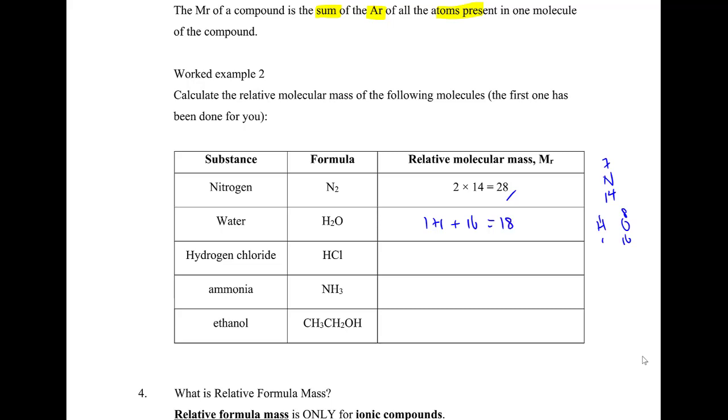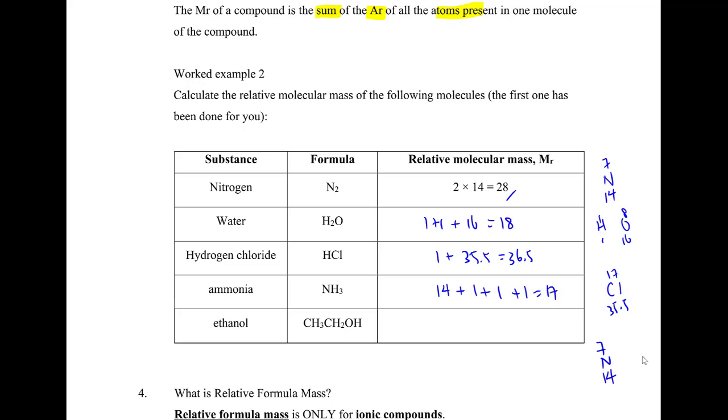And then for hydrogen chloride, chlorine is 17 and 35.5. So we take 1, which is hydrogen, plus chlorine 35.5, you get 36.5. Ammonia, nitrogen is 7 and 14, so 14 plus 1 plus 1 plus 1, and you get 17.